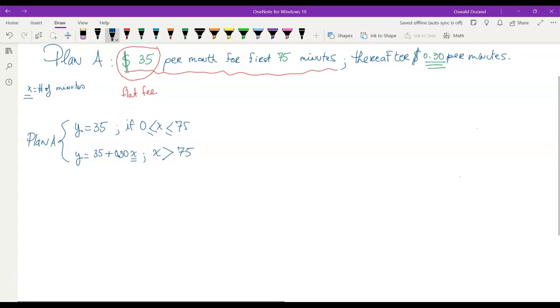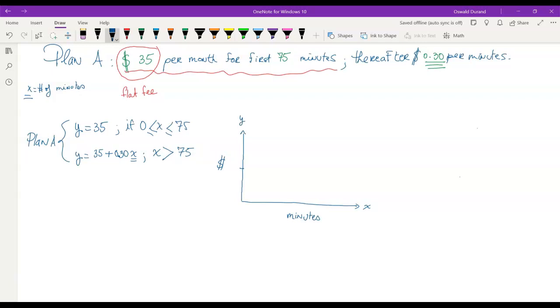Let me just attempt to draw it. Okay. So here, this is my dollar amount, and this is my number of minutes, right? So this is the x-axis, that's the number of minutes, and my y-axis represents the dollar amount.